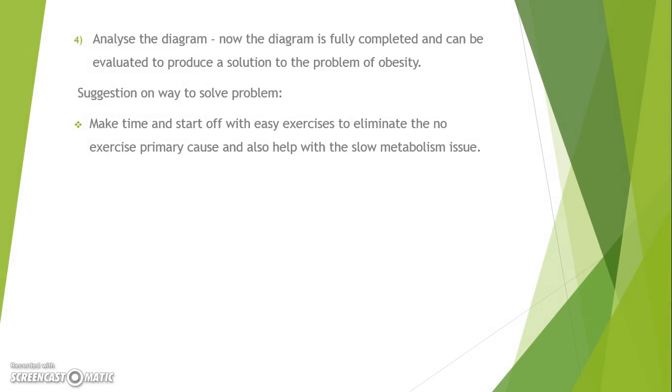The fourth step is to analyze the diagram and to evaluate it to produce a solution. The solution was to make time to start off exercising with easy exercises to eliminate the no exercise primary cause, which may also help with the slow metabolism issue.